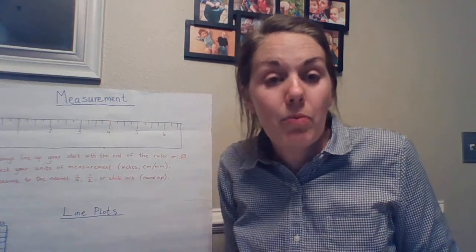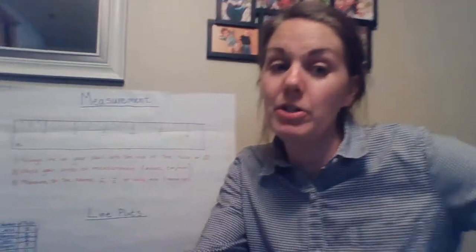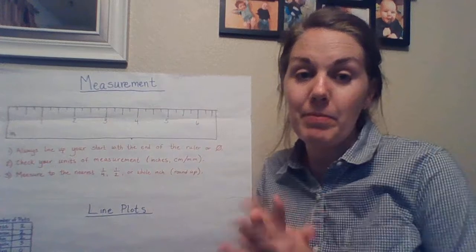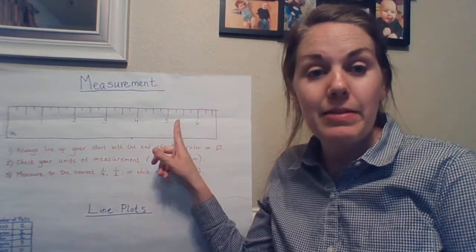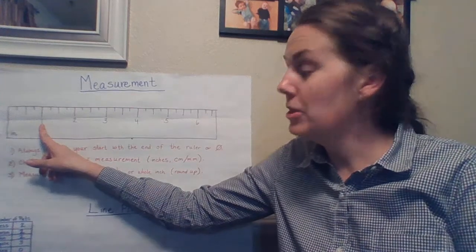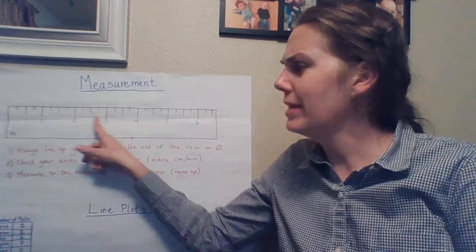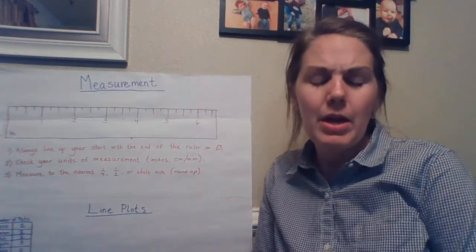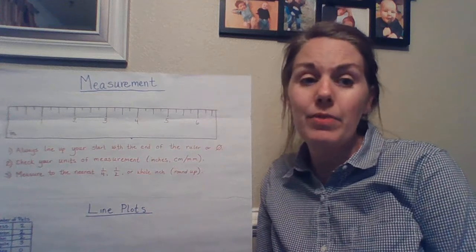Now, what I want to also point out before we get going too much further onto that problem is that oftentimes you'll notice with rulers that they have measurements that have the numbers on them, but then there are also lines that do not have numbers on them. Those represent fractional pieces of an inch.